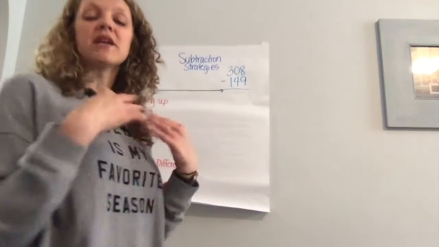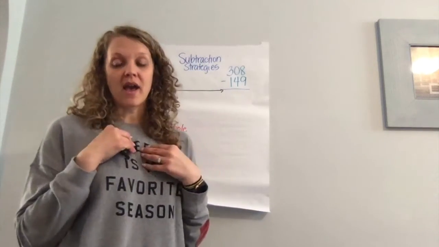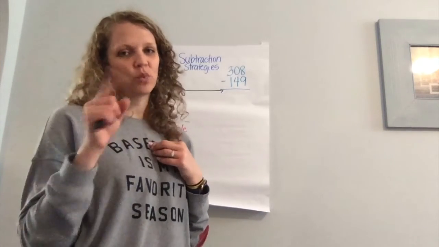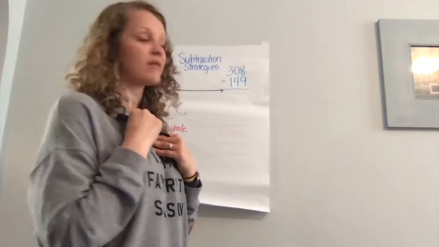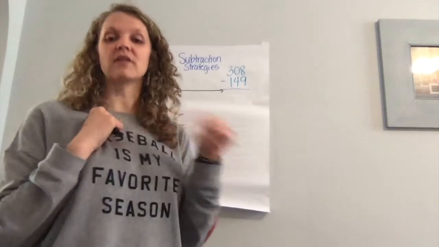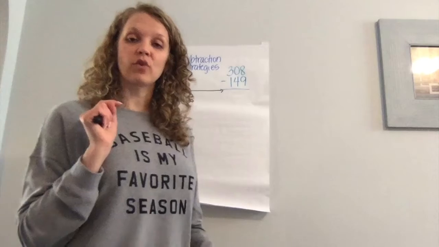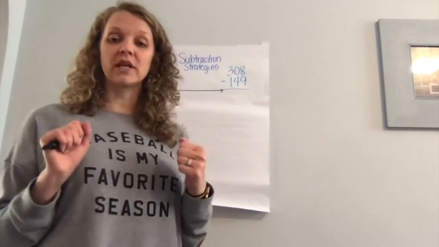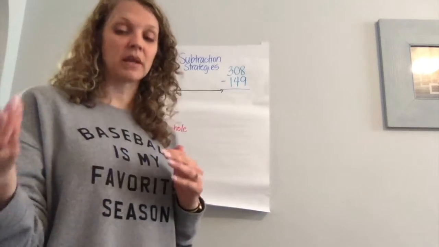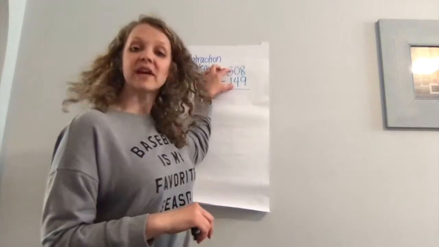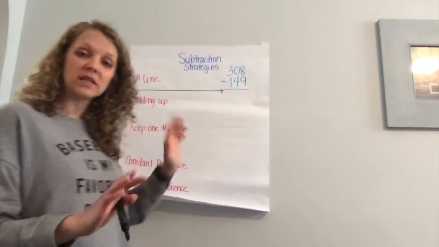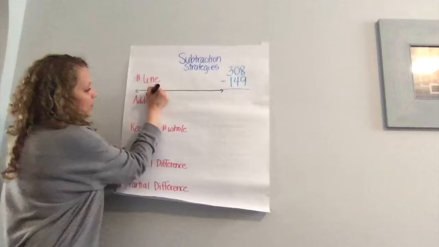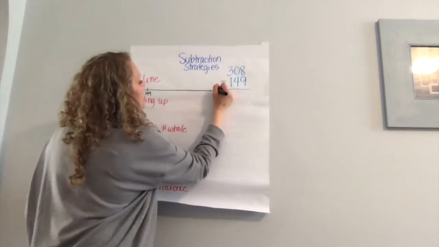So for instance, if I said that I have $308 in my checking account, which we all know is not true because I'm a teacher, I don't even have that much. But if I said I have $308 in my wallet and you have $149 in your wallet, and then I asked the question, how much more money do I have, or how much less money do you have? That's finding the difference.